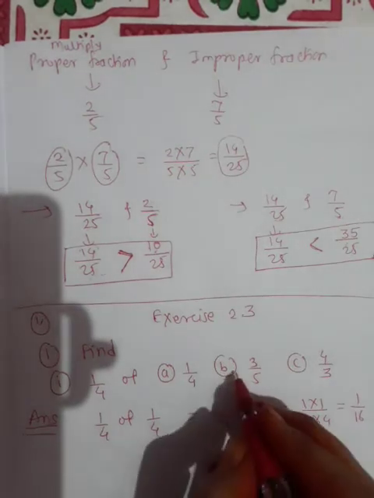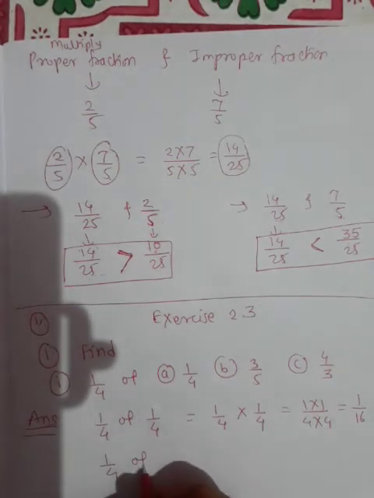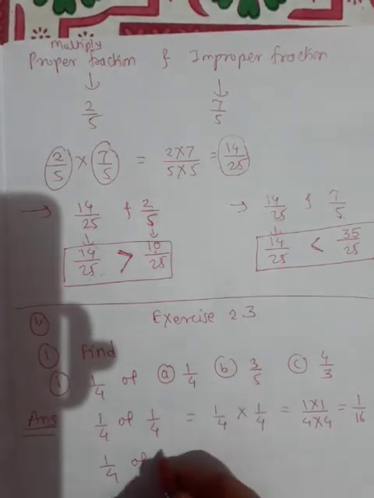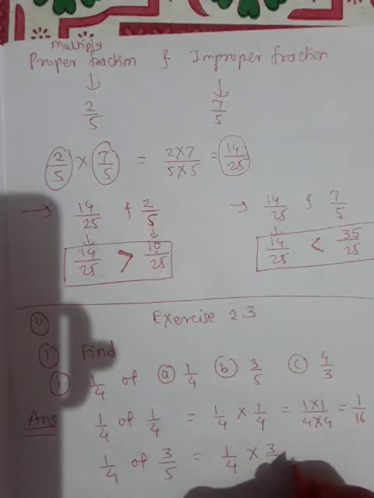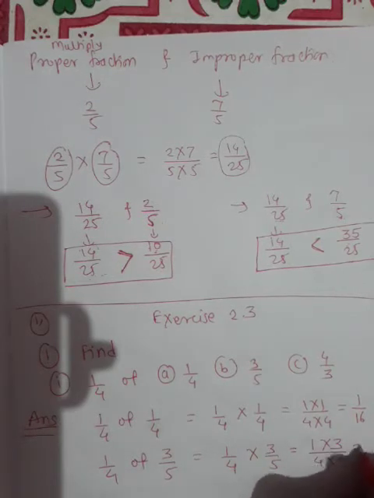Second, we have to find 1 by 4 of 3 by 5. Of means multiplication, 1 by 4 into 3 by 5, that is equal to 1 into 3 upon 4 into 5, that is equal to 3 by 20.